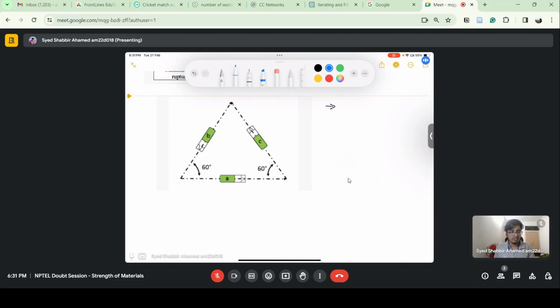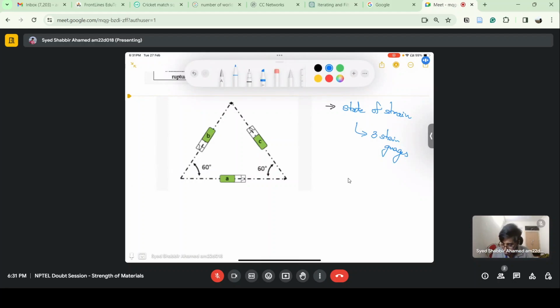In order to get the state of strain, we should have at least three strain gauges. Using the measurements on three strain gauges, we can get the state of strain. State of strain is nothing but a matrix, here a 2 by 2 matrix, because I'm talking about the two-dimensional case.